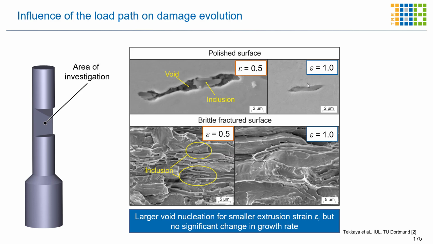And this is also what we have expected. So we have fewer voids at extrusion strain of 1.0 than at extrusion strain of 0.5. So we can say at the end that larger void nucleation for smaller extrusion strain occurs, but no significant change in the growth rate has been observed.